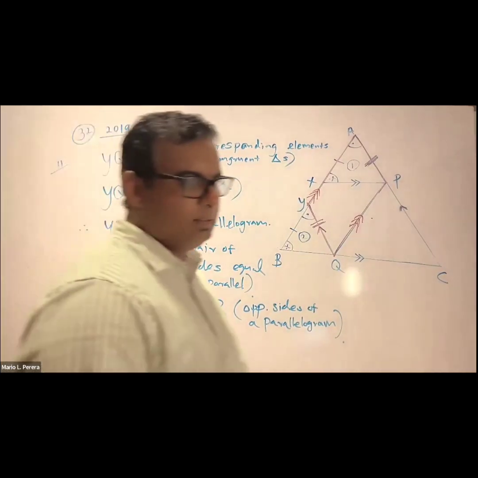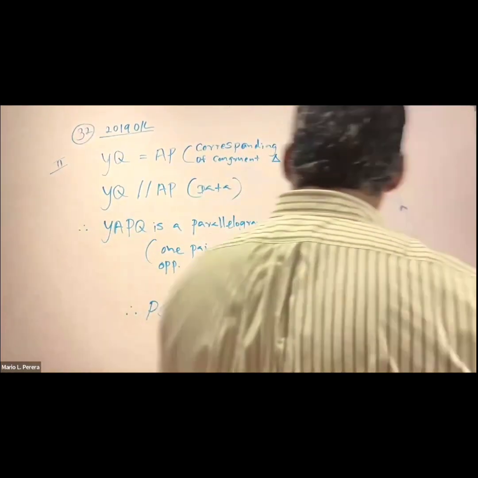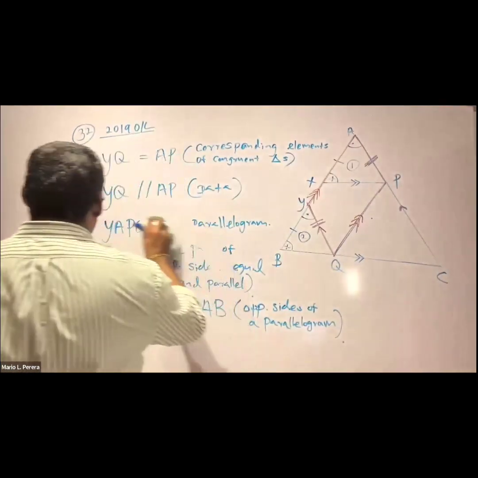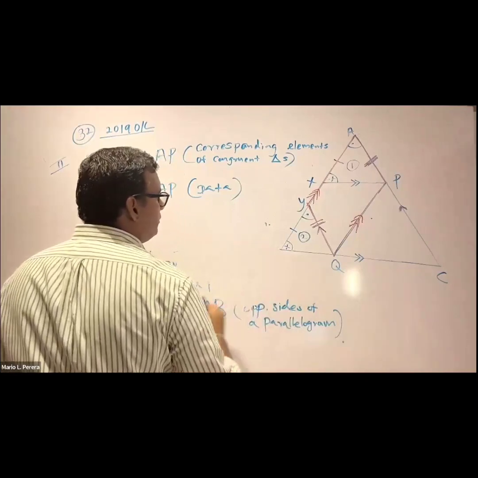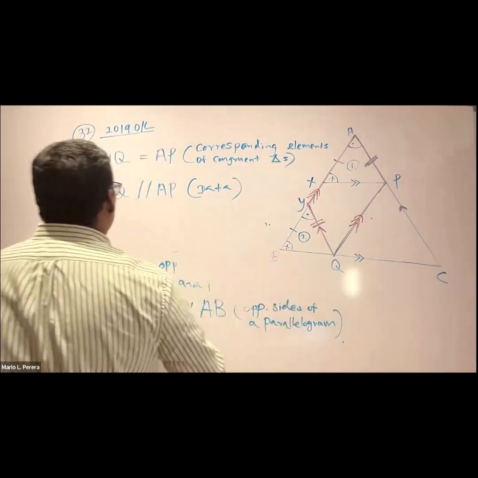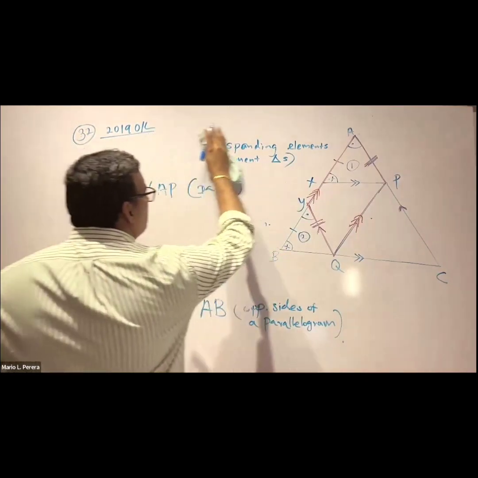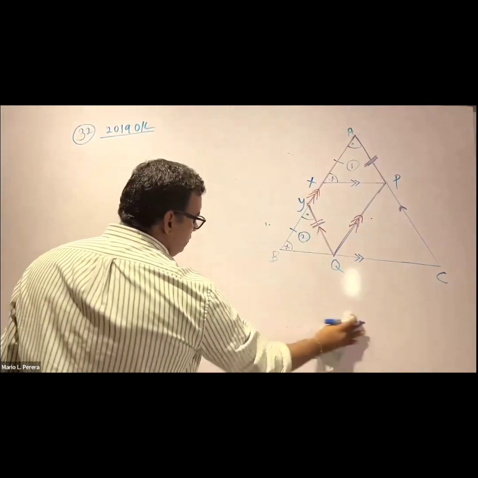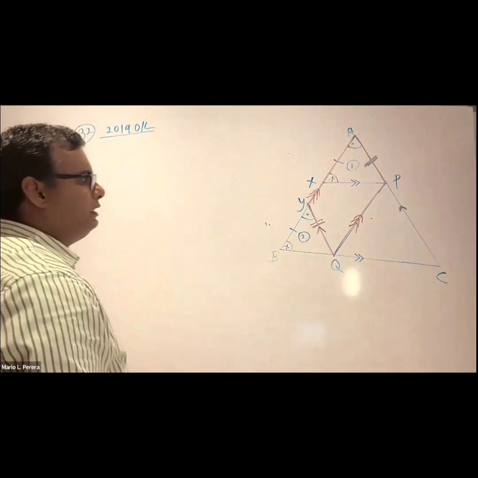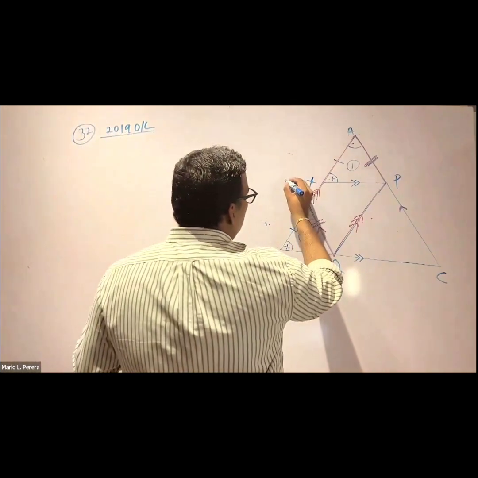Are we clear? Right. Roman number 3. Insaf, can you read the third part for me? The lines PX and QY produced meet at D. Let me produce.